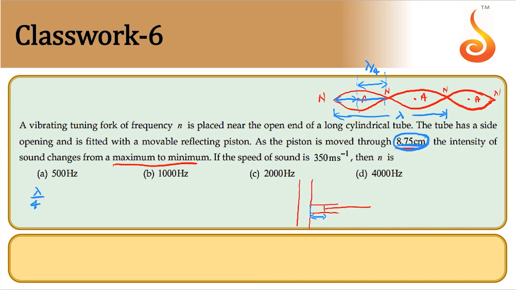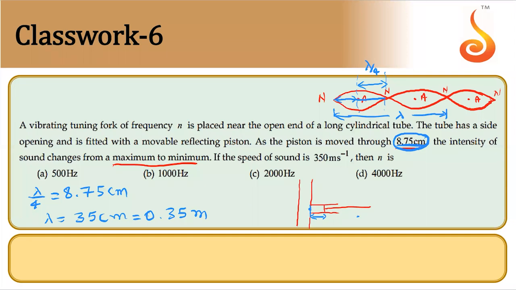So lambda by 4 should be equal to 8.75 centimeter. By moving this piston, at this place there was an antinode. Now you made it a node, right? So I have moved the piston through a distance equal to lambda by 4. Lambda by 4 is 8.75 centimeter. That means lambda is what? Cross multiply: 8 4s are 32, 0.75 4s are 3. That is 35 centimeter or 0.35 meter.